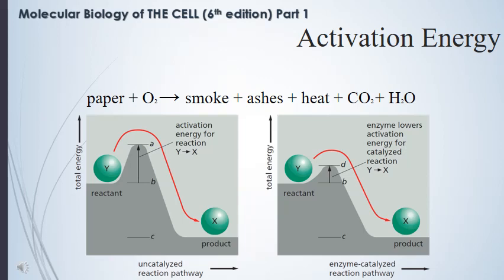Review question 1. In this slide, we have a reactant Y undergoing a chemical reaction to produce a product X. Please tell me if the opposite of this reaction is possible and justify your answer.